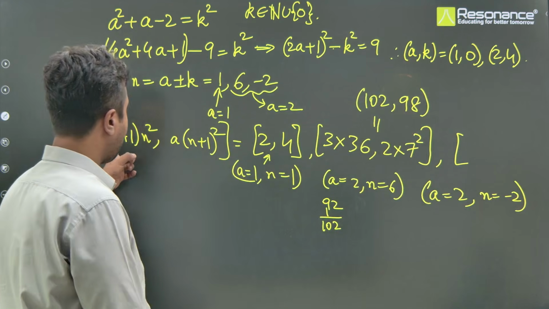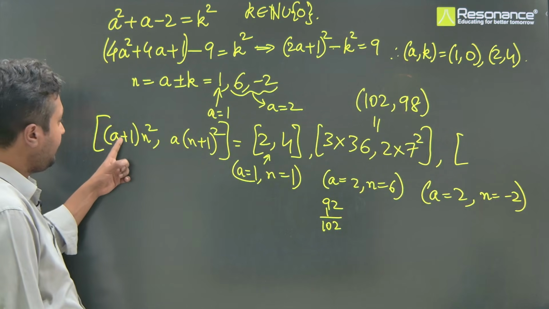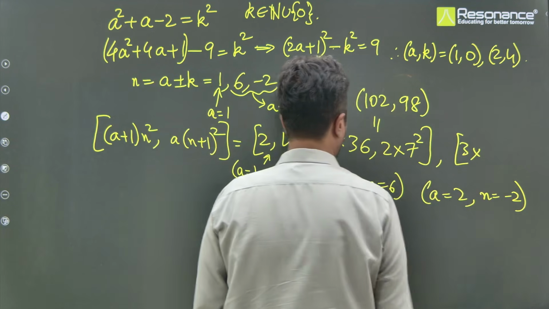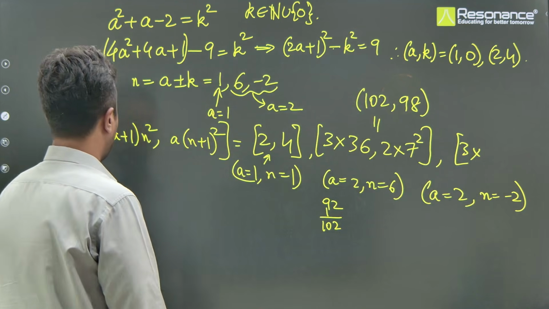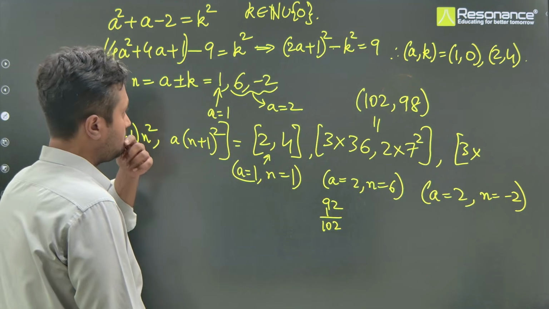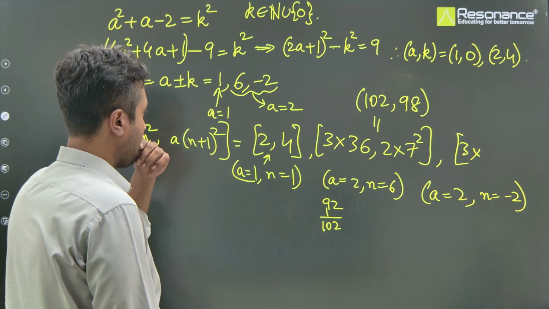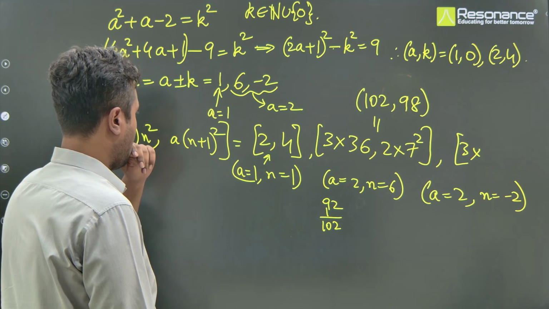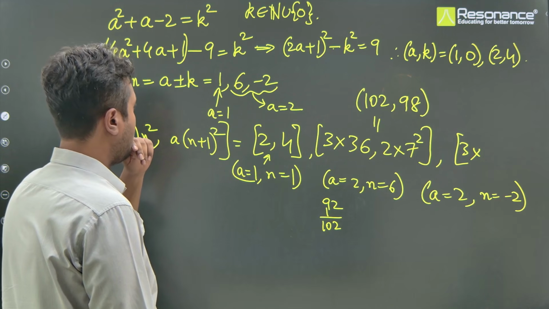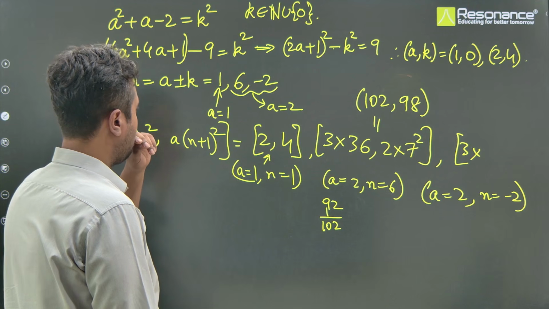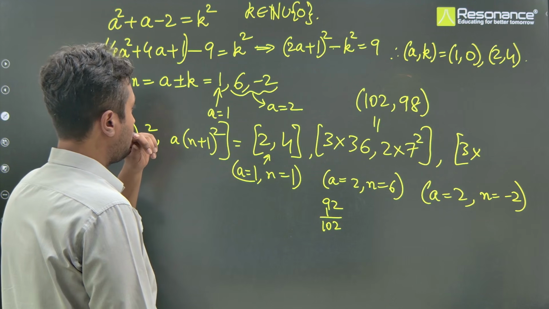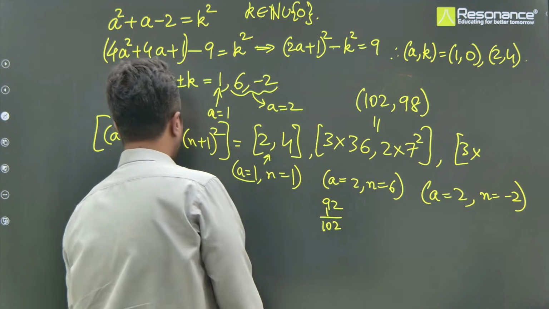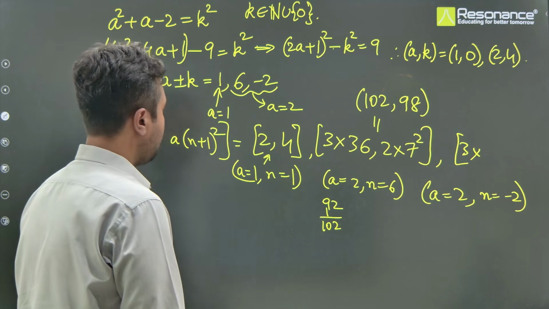So when all of that happens, what do we have? We have 3 into minus 2 whole square.